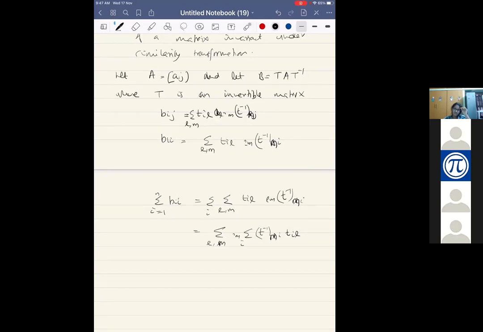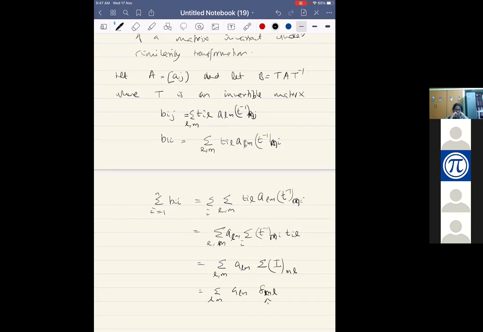Sigma over l of a_lm, a_lm. This is just the identity, ML, which is sigma over l of a_lm, a_lm, delta_ml.